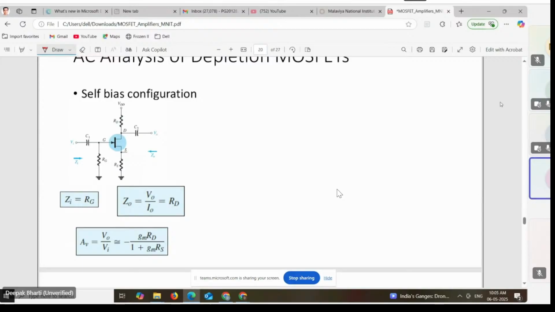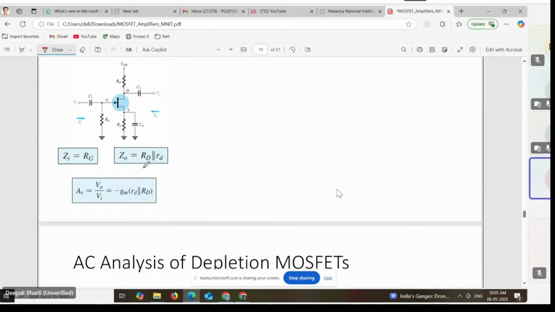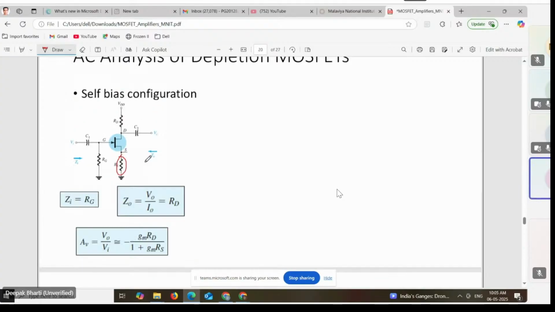How is it different? In the earlier case, the source resistance RS was bypassed using the capacitor CS. But today, we are going to discuss this self bias configuration where RS is unbypassed, meaning the capacitor is not connected.